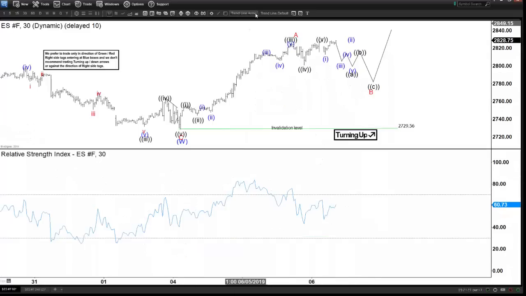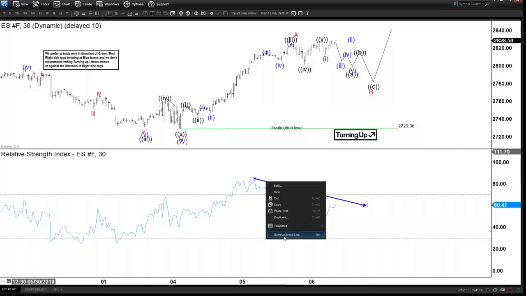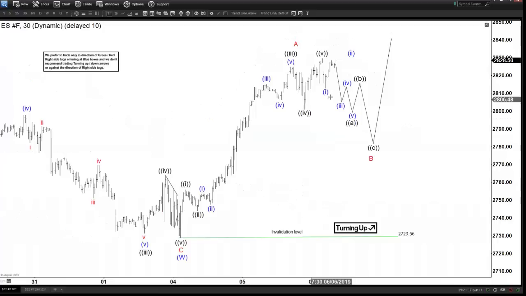So far you can see the momentum divergence is still very much in place, and that means if we do make a new high, I think we can still call this still within the wave 5.